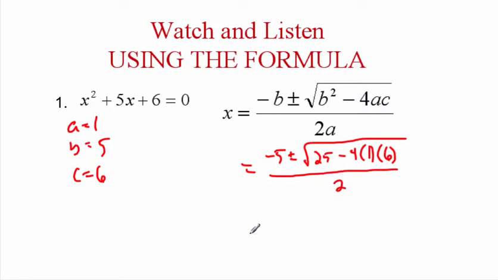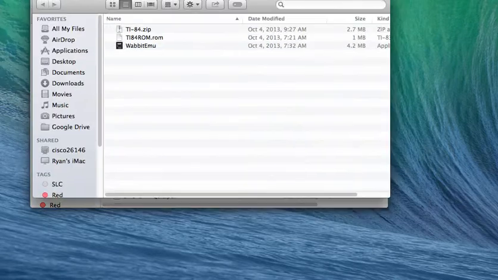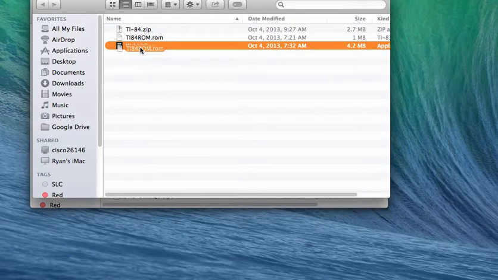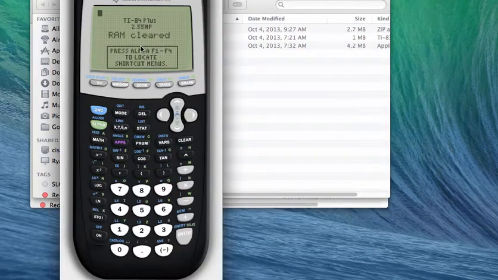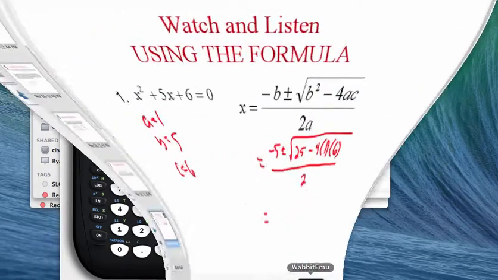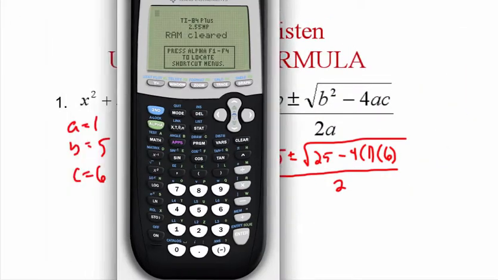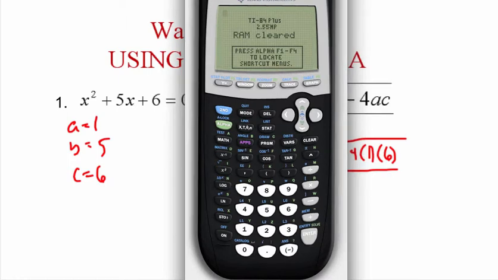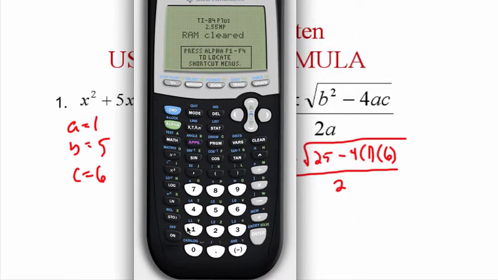Then I will simplify from here, and I'm going to do most of this on my calculator. So let me pull that up. Taking a look at this again, a is 1, so I'm going to do 1 store alpha a.